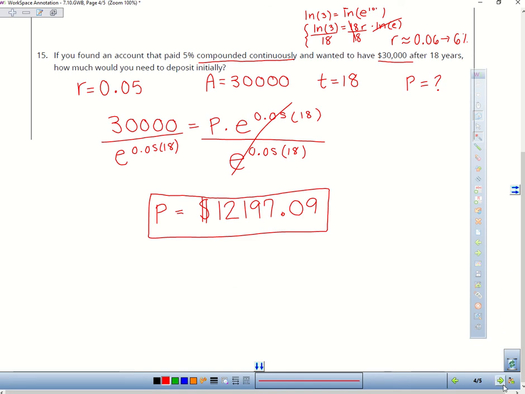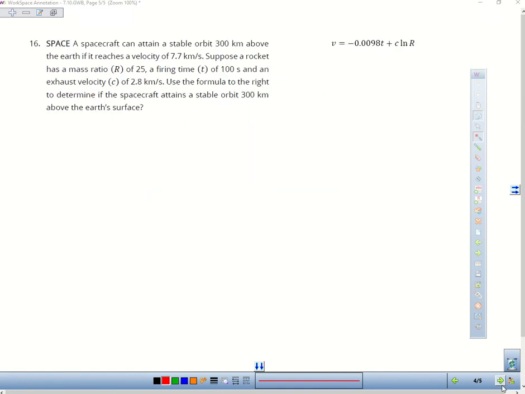Okay? Alright, so the last problem we're going to do today is going to be a word problem. But I always say if they give you the formula, all you have to do is look for what they're telling you to plug into it. So a spacecraft can attain a stable orbit 300 kilometers above the Earth if and only if it reaches a velocity of 7.7 kilometers per second.